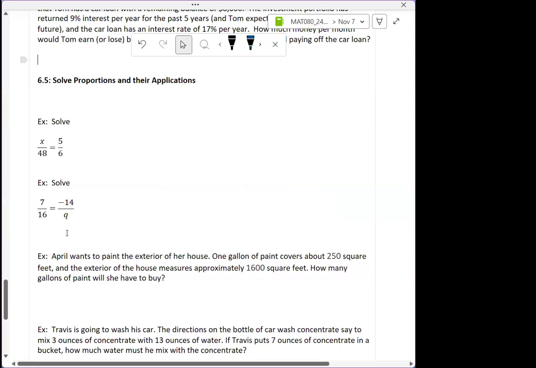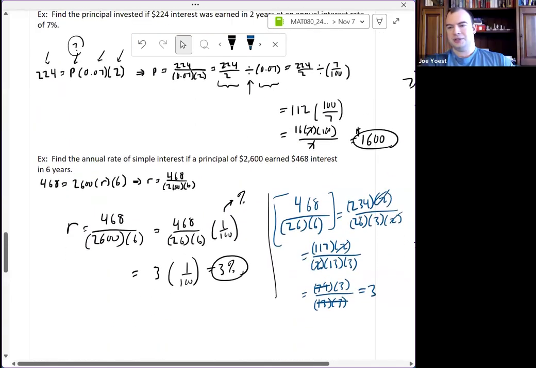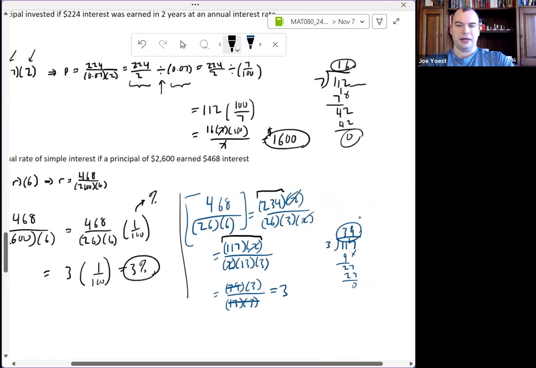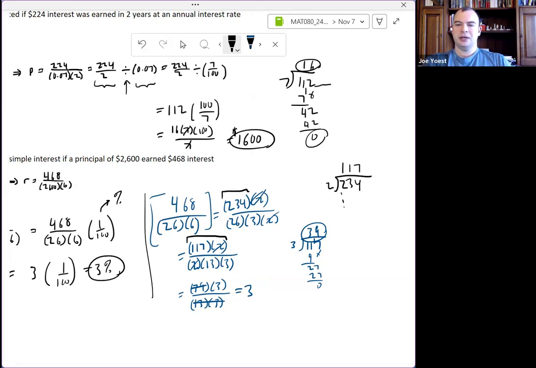Okay. Professor, how did you get the 117? Yeah, good question. So 234 is 117 times 2. I could have recognized that 234 is even, and then just come over here and do 234 divided by 2 and get 117. Or I could recognize that 234 is pretty close to 230, and 230 is 115 times 2.